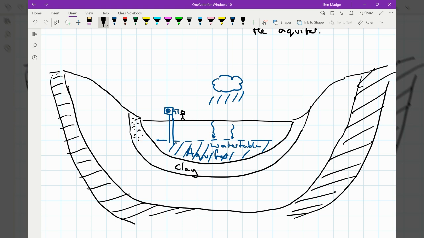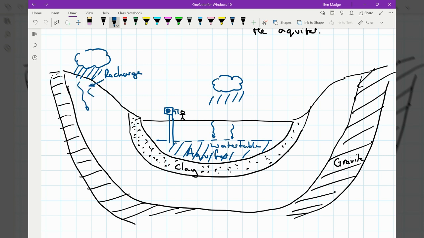So let's say that's clay in dots, and this is granite. So this again is impermeable. What we have is our recharge zones on the top of the hills. And this allows water to percolate down to the water table, which might actually be higher than the surface of our valley bottom. So this is our water table.